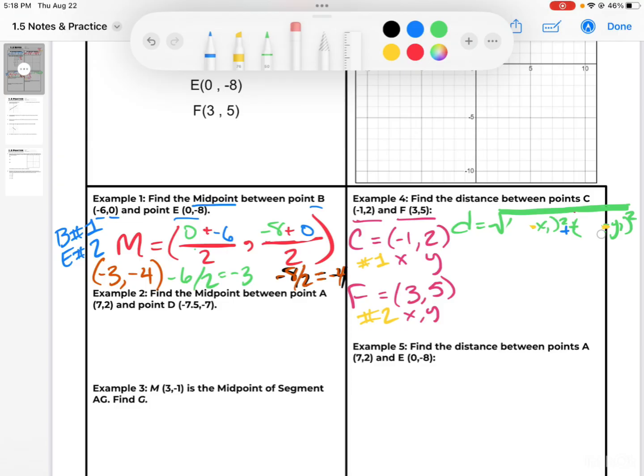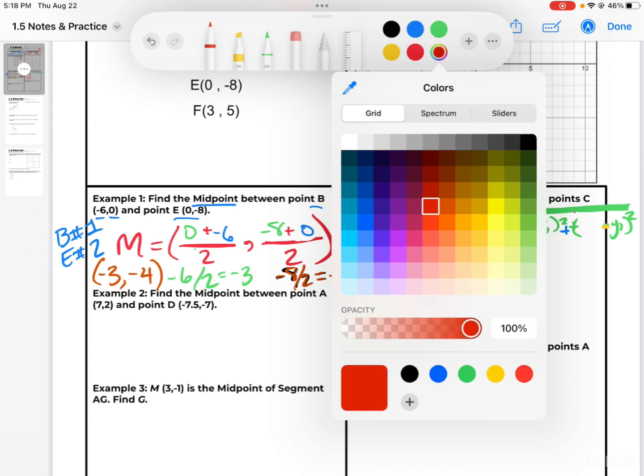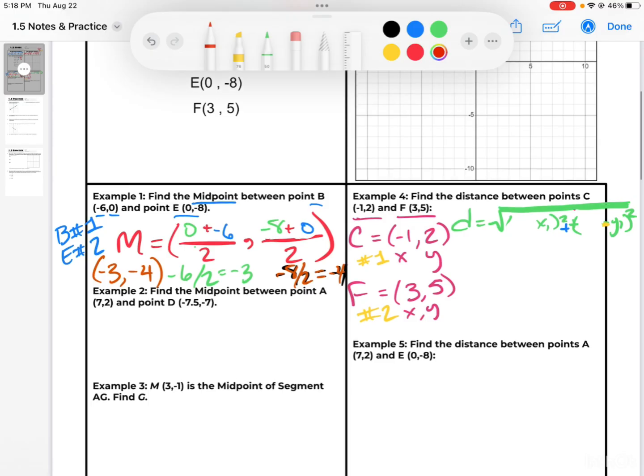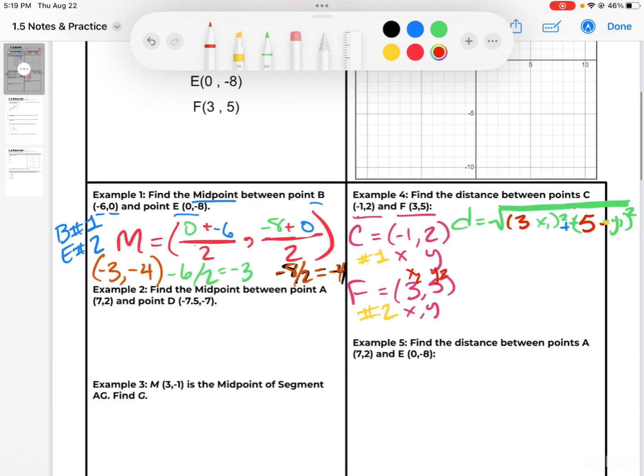with their values. So first thing I'm taking out is the 2's, the x2 and the y2. And I'm going to replace those with the values from the respective point. So I said F was point number 2. That means x2 is 3 and y2 is 5. And remember, I'm doing subtraction right here.